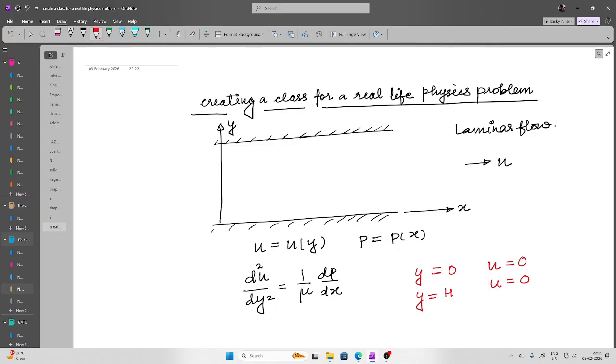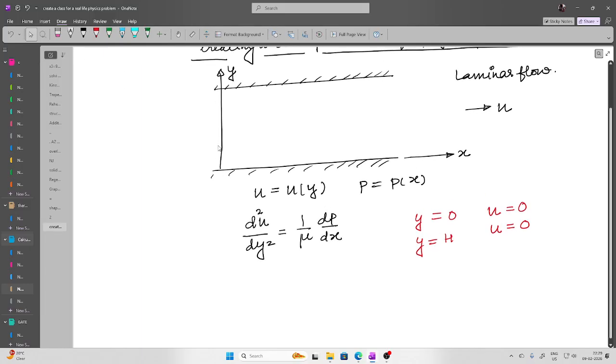So, how to solve this differential equation? We will be solving this numerically, using Gauss Seidel. If you discretize this in the y direction, at any cross section you have to take a certain number of equally spaced nodes, and the spacing between them is delta y.